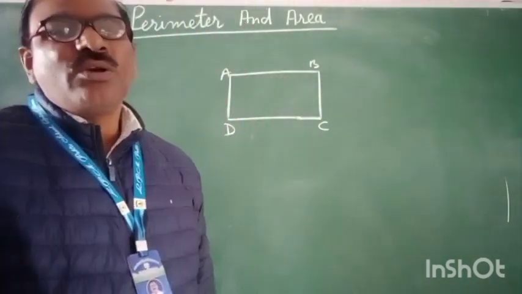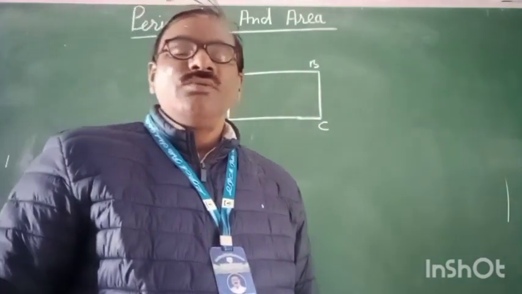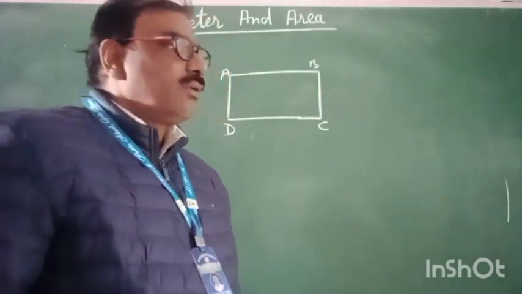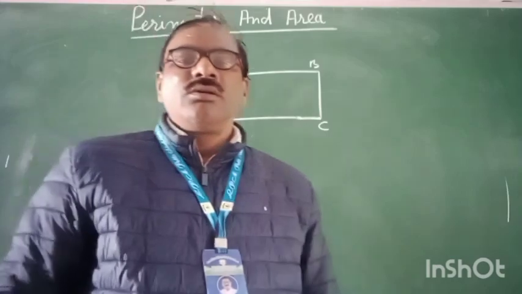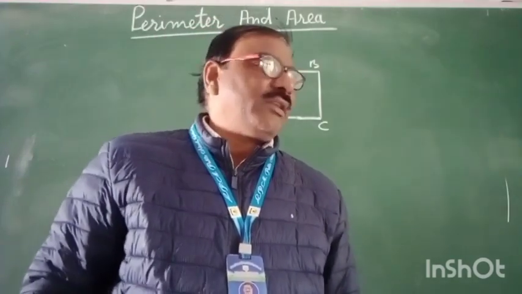So if you want to find out the perimeter of a rectangle, then as you know, a rectangle has length and breadth.